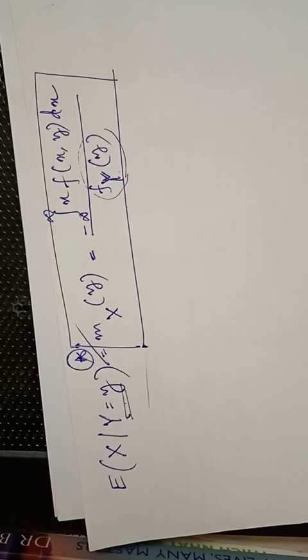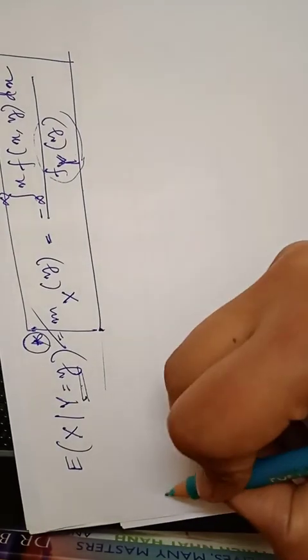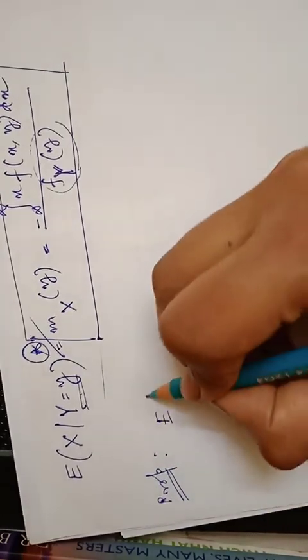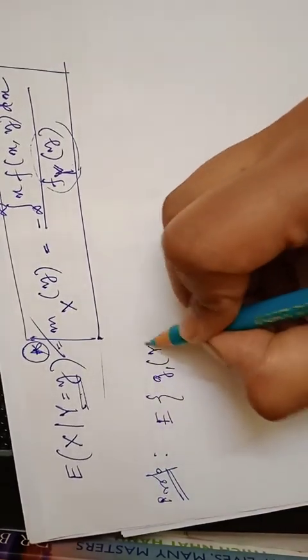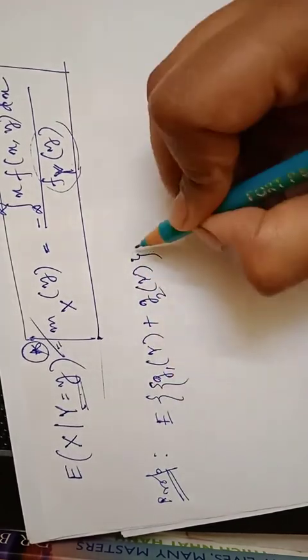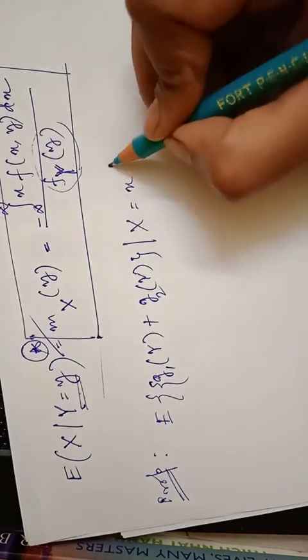And here are the same properties also for conditional expectations, like the expectation of two functions g1(y) plus g2(y) when X equals x has already occurred.